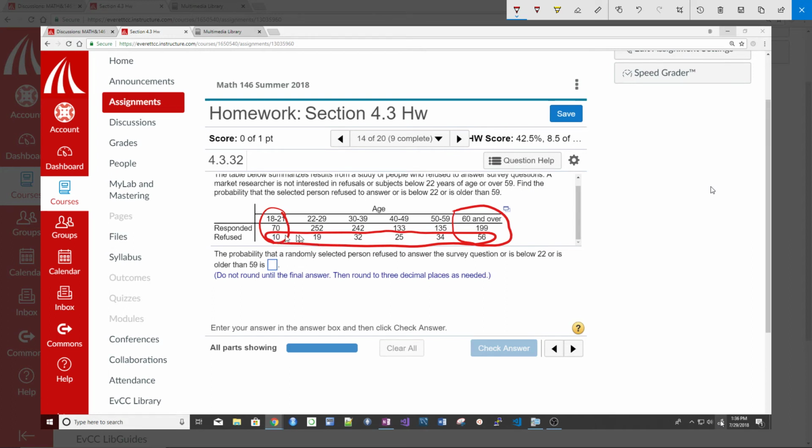So we already see that there's some overlap with the 56 and 10, so we only need to count them once. So we're really just going to count 70, 10, 19, 32, 25, 34, 56, 199, and divide that by the total number of people, and that will give us our answer. Alright, so we bring up our calculator here.